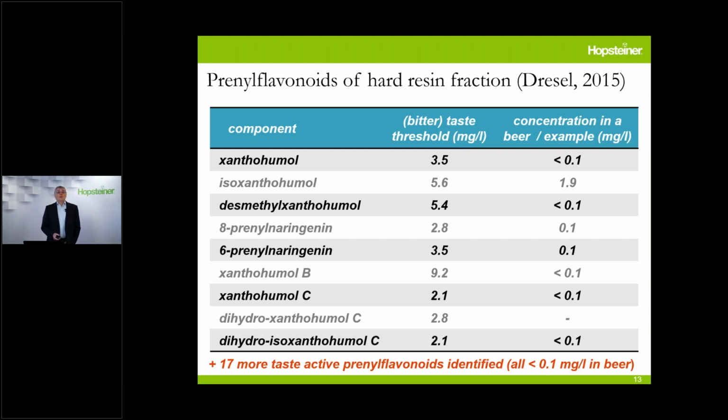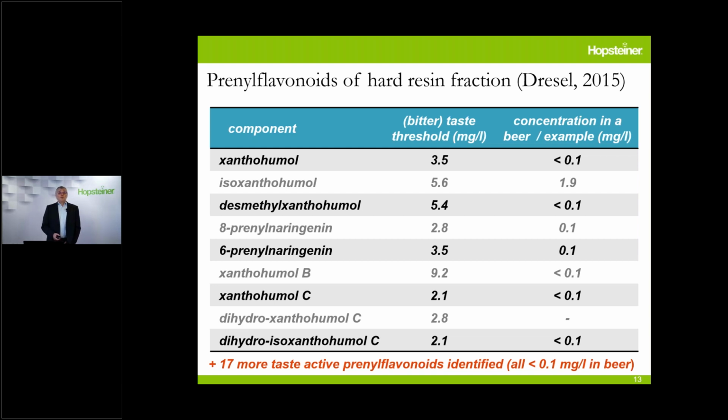This is the group of prenylflavonoids. You see here some compounds like xanthohumol, isoxanthohumol. You see the bitter taste threshold concentration, and you see a concentration in a beer sample. And you see most of the concentrations are 0.1 milligram per liter or lower.